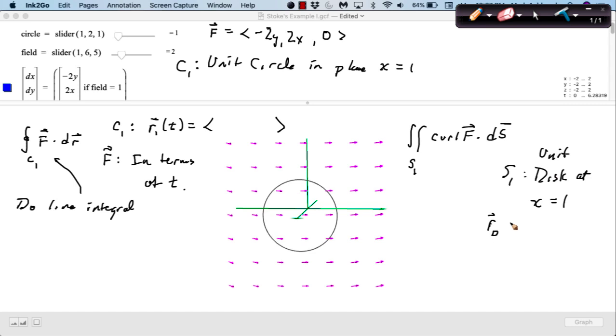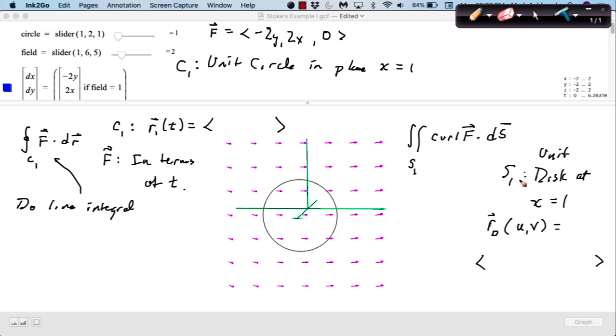We'll call it RD. And then you get two variables to do that, right? You get a u and a v. So this is parameterizing surfaces in space. You got a surface, you get two variables. So you're going to write all the points in space that are on that disk in terms of u and v.